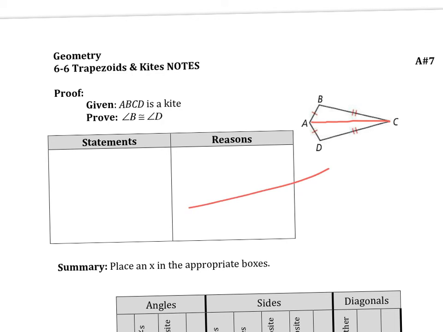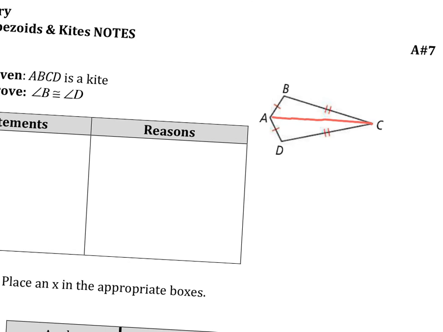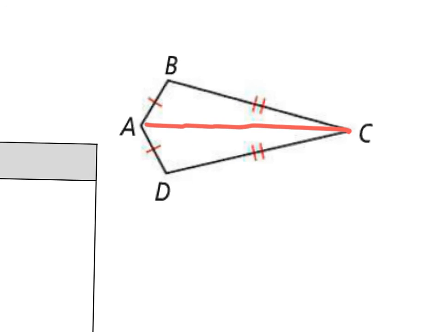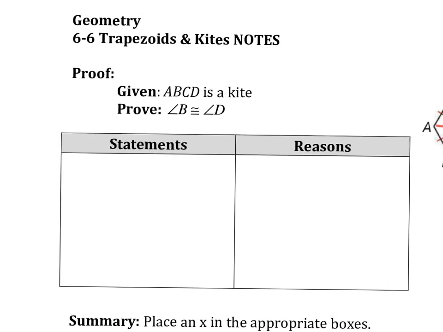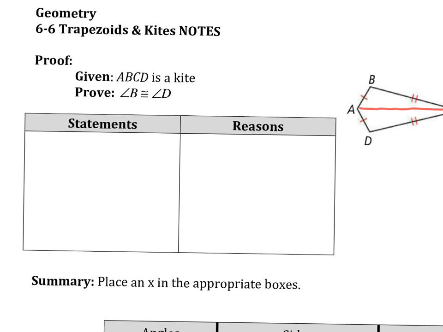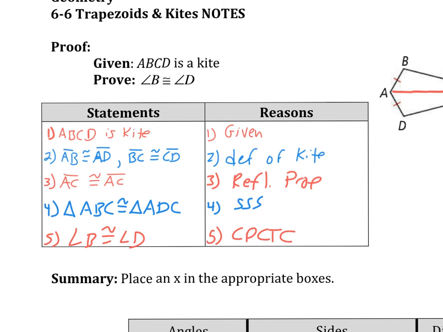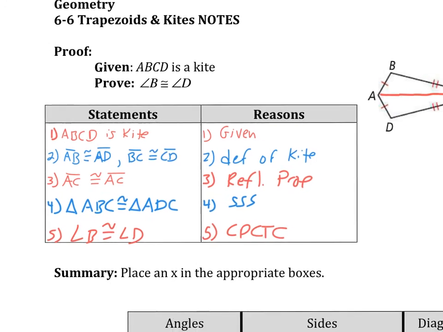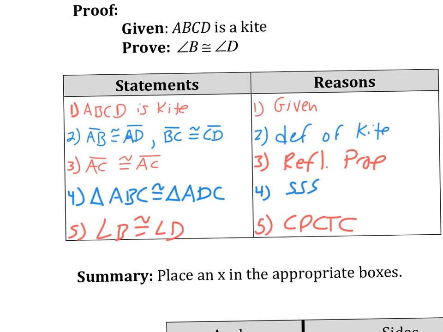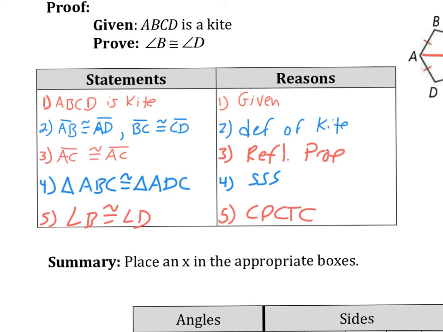All right, so we do see that by side, side, side, the triangles are going to be congruent. So I do have to write all the pieces down, and so let's write them out. Takes a while to do the proof, although we can quickly see that it's true. So this would be a formal version of the proof. Again, we state that it's a kite. We explicitly state side, side, side, then the triangles are congruent, and CPCTC.